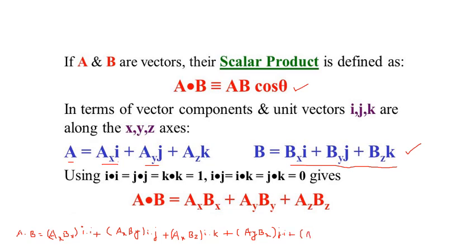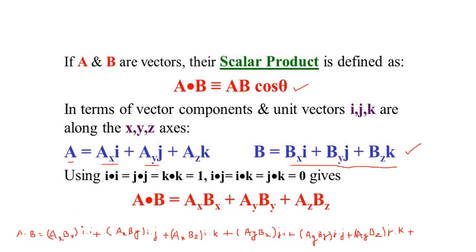AY into BY, so your unit vector is J dot J. And the next is AY into BZ, so here the unit vector is J dot K. Right? So the second component is over.